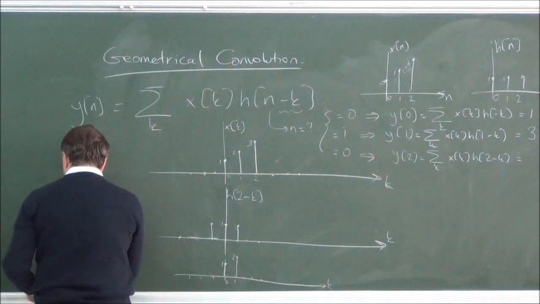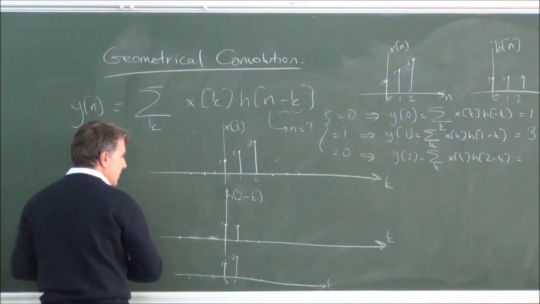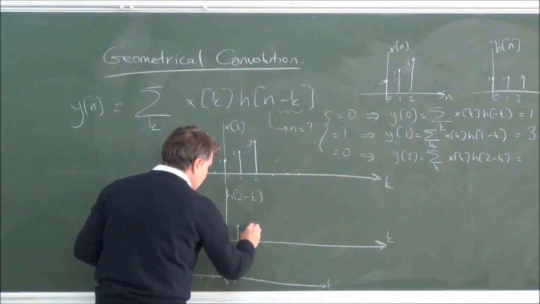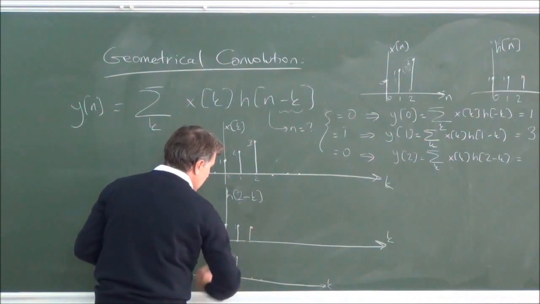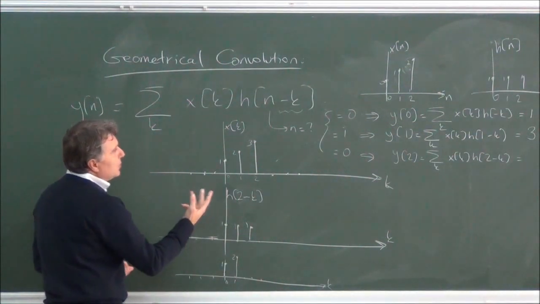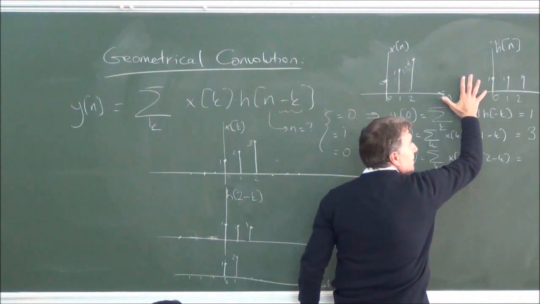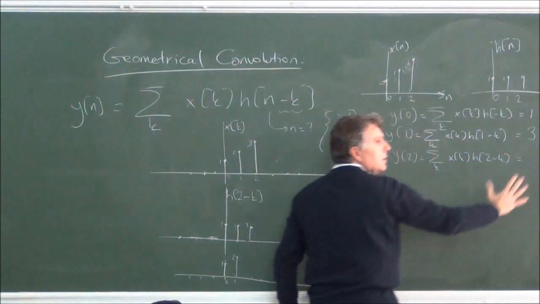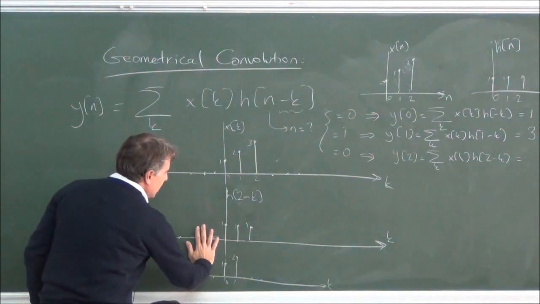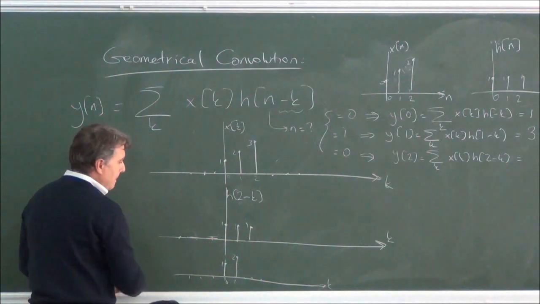H of 2 minus k is 1 further shifted to the right. Like this. So what did we do? We flipped around this thing and started sliding it towards right, one by one. I flipped around and slid it, and then slid it again, so I get this.